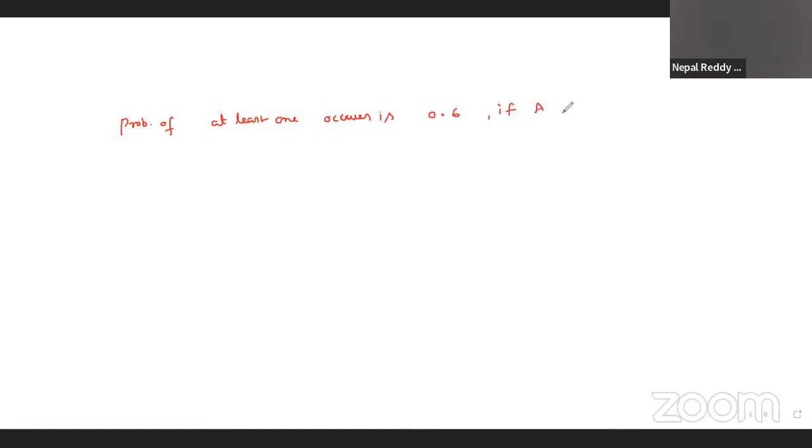Next, if capital A and capital B occur simultaneously, its probability is 0.2. Then the question is, find probability of A complement plus probability of B complement.